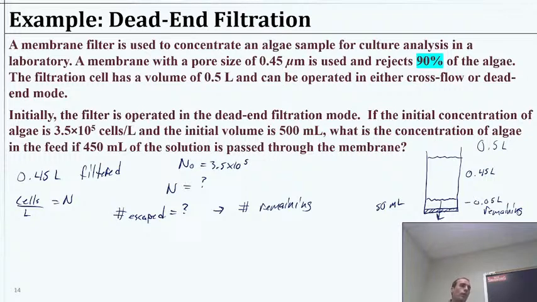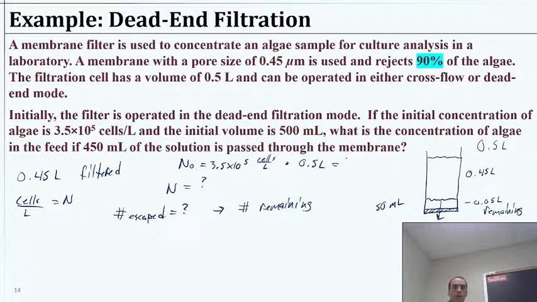We could get a raw number, and maybe we'll do that in a moment, that were there in the first place, which should just be half of this, right? So that's cells per liter, and we had ½ liter.